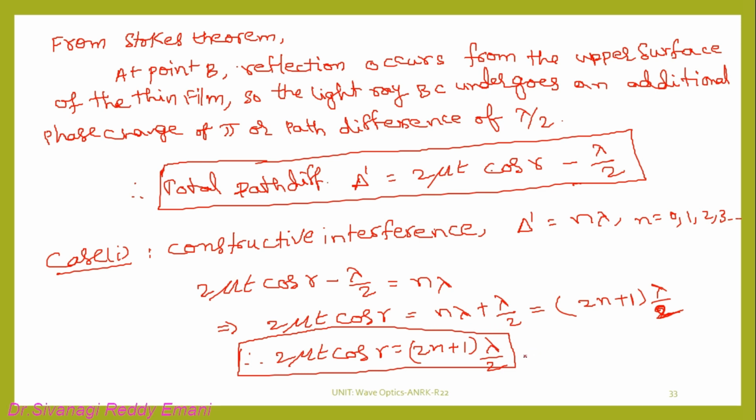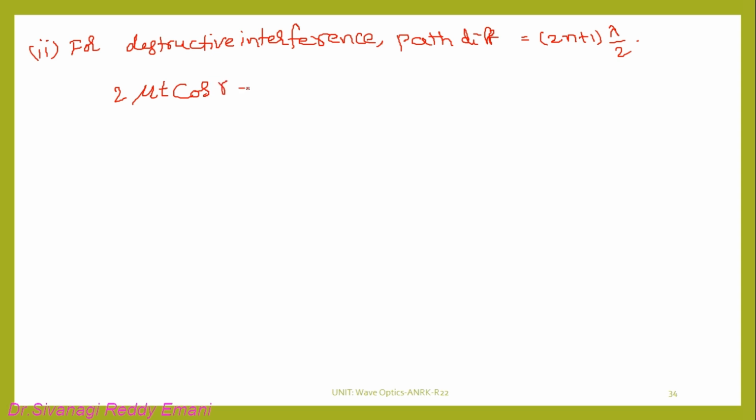And the film appears bright. Now destructive interference. For destructive interference, the path difference should be an odd multiple of lambda by 2. Now we equate the effective path difference, 2 mu t cos r minus lambda by 2, to 2n plus 1 into lambda by 2.